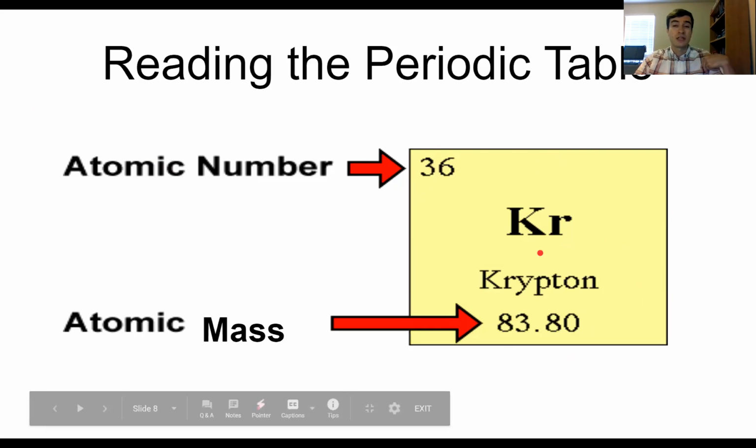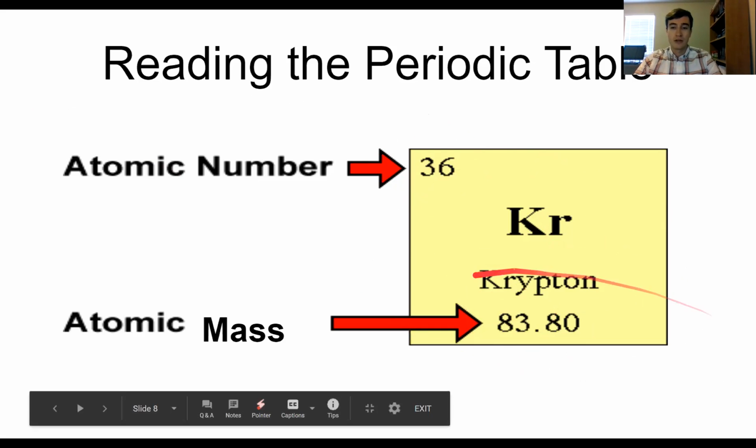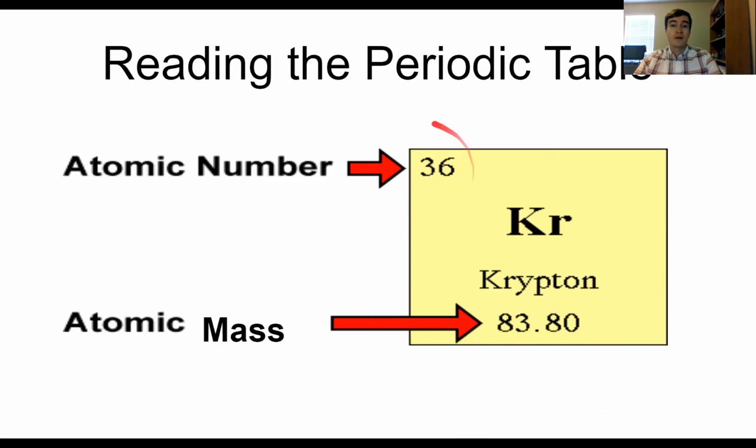Besides those two sets of words or letters, we also have two numbers on each box. The top number is called our atomic number, and that's kind of like the identifying number for each element. So every single element has a different atomic number, and they're labeled from 1 to 112.